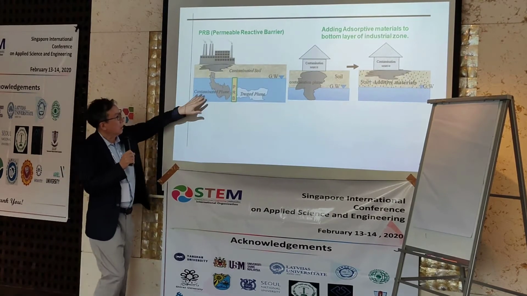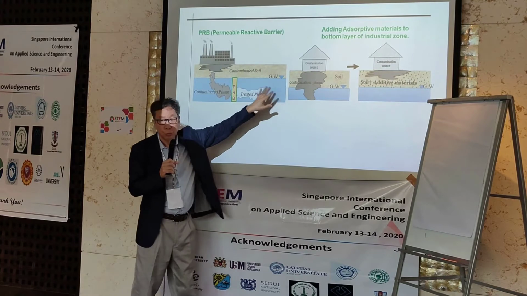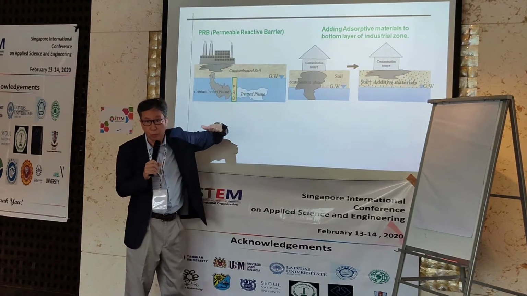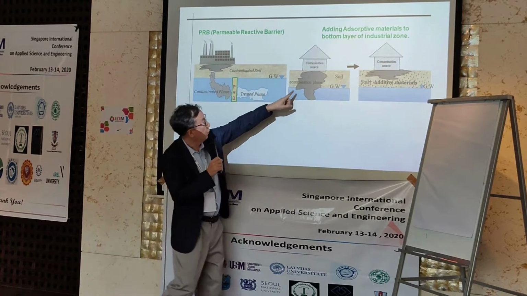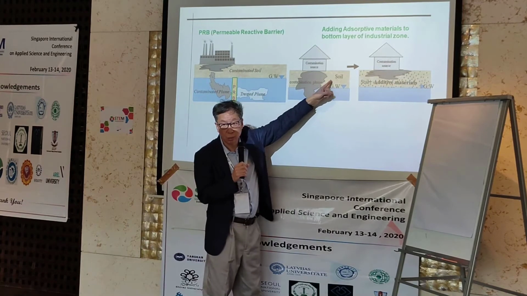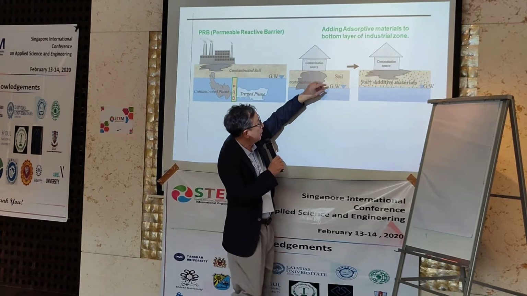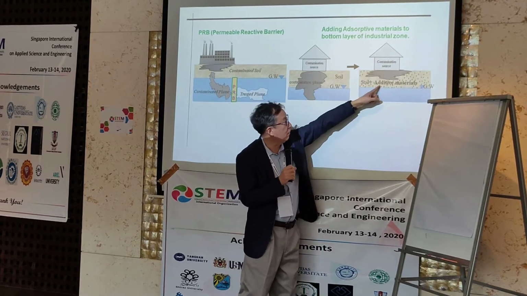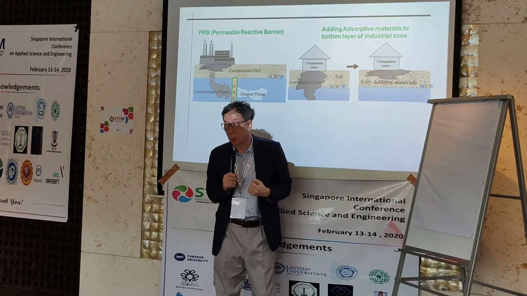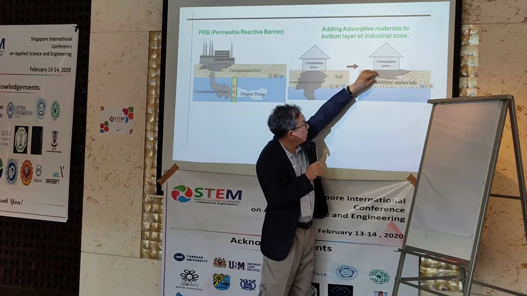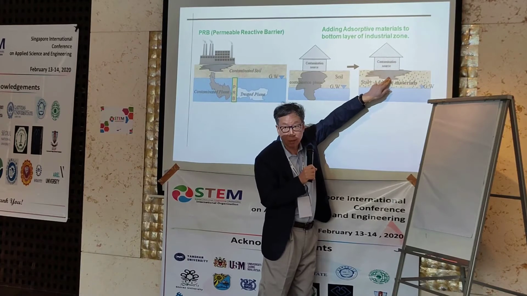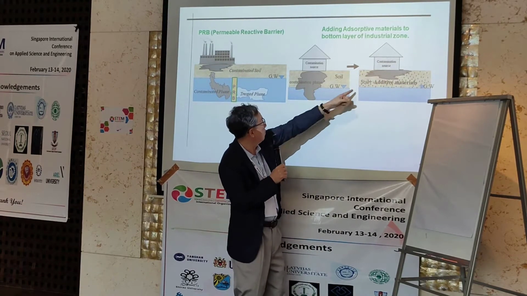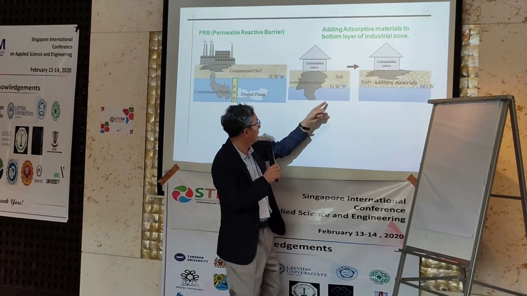So I try to reduce the spreading of the heavy metals in two different ways. For example, for soil zones, I try to add some additive materials mixed with the soils, and then I try to stop or reduce the spreading of the contaminants, like heavy metals, before they spread.